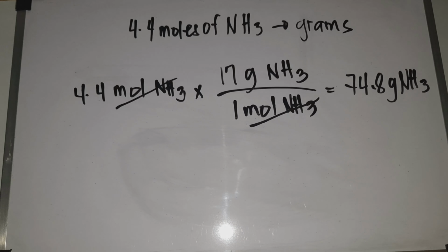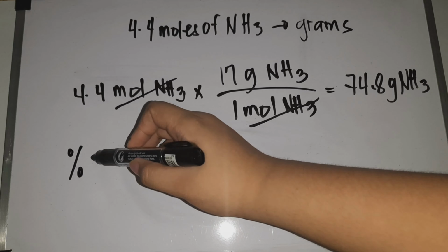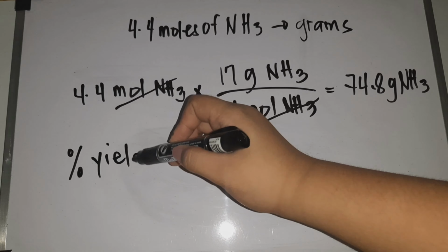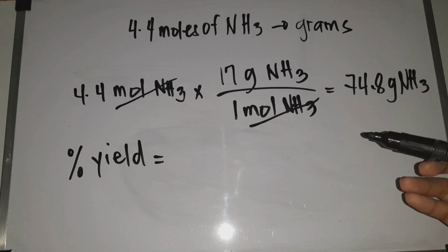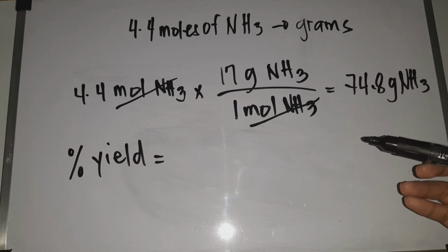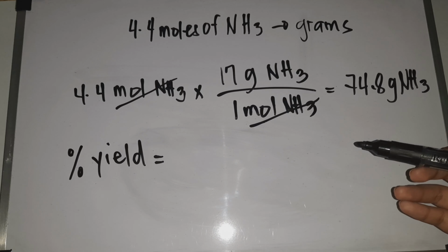So now we can compute the percentage yield. The percentage yield is equal to the actual yield over the theoretical yield multiplied by 100%.